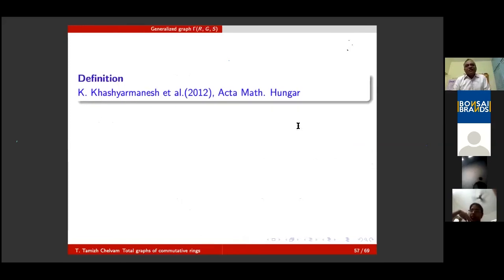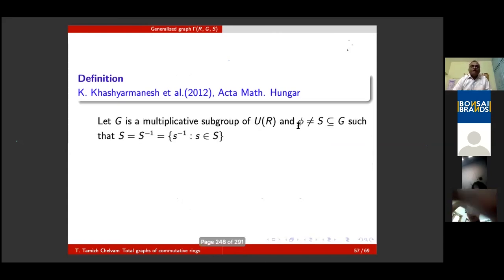Another beautiful generalization took place in 2012, by Kiani, Mollahajiaghaei et al., in Acta Mathematica Hungarica. They have beautifully designed one graph. R is a commutative ring. U(R) is the multiplicative group of units of R. G is a multiplicative subgroup of U(R).